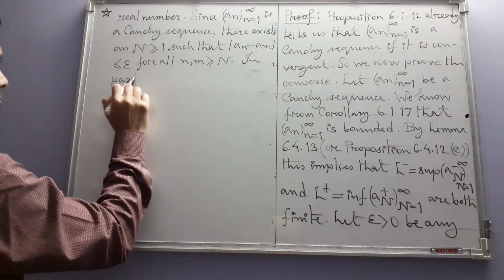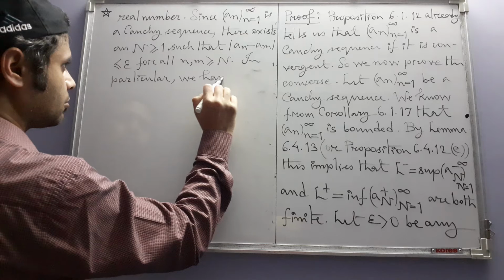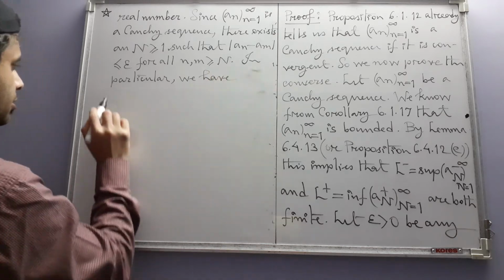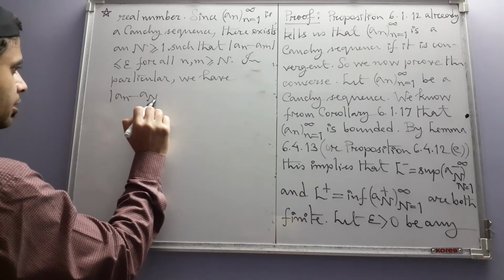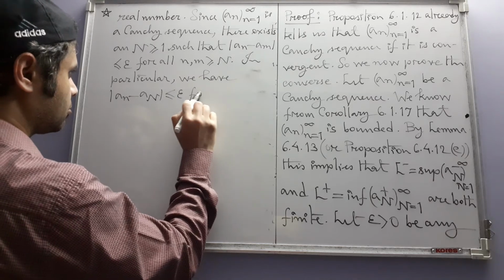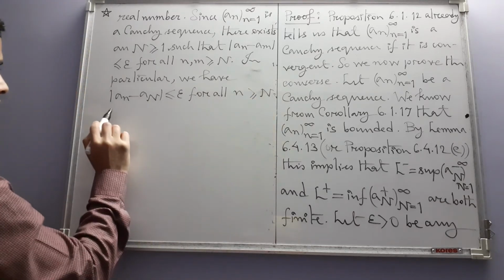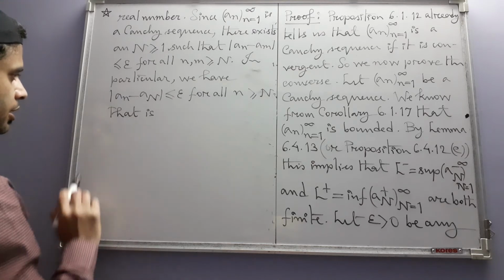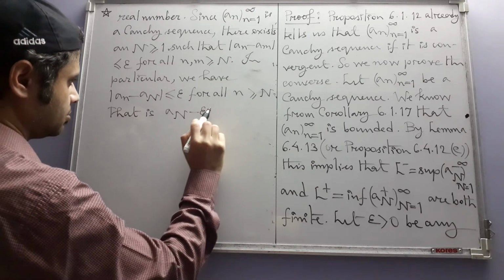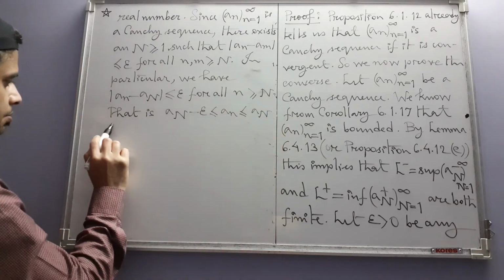In particular, we have |a_n minus a_N| less than or equal to epsilon, because we can choose small m equal to capital N, for all n greater than or equal to N. That is, a_N minus epsilon is less than or equal to a_n, which is less than or equal to a_N plus epsilon.